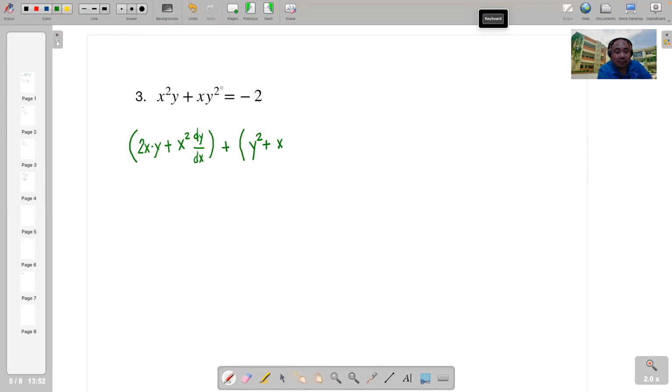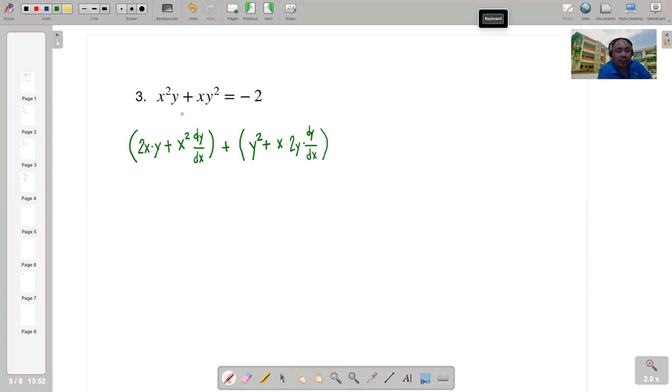So what's the derivative of y squared? By power rule, that is 2y. And then by chain rule, I know, sir, that y has a derivative. I don't know what it is for now, so let's just write that as dy/dx.